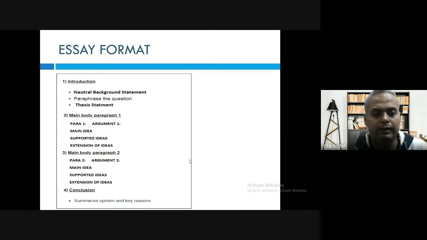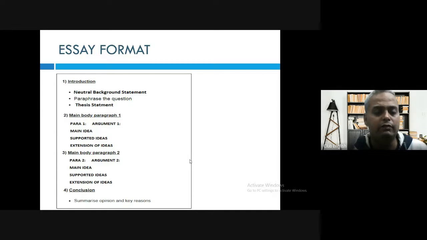Okay. Now coming on to the third part, that is the main body paragraph two. Again, here you are going to write about argument two, which generally in an opinion-based question will be your side. So you will be writing about the main idea, that is, features of the mother's parenting in this particular case, and then you will be supporting the ideas by using your own points and extending the ideas.